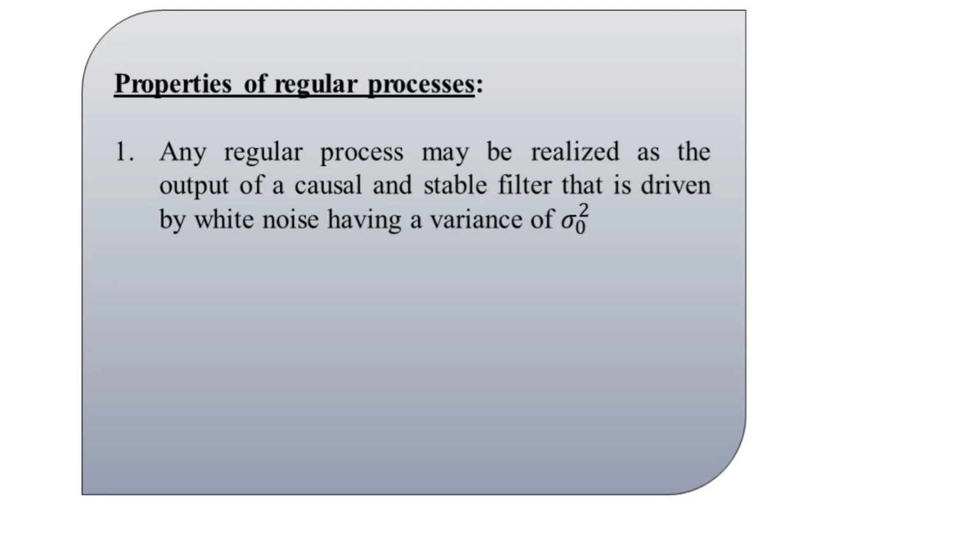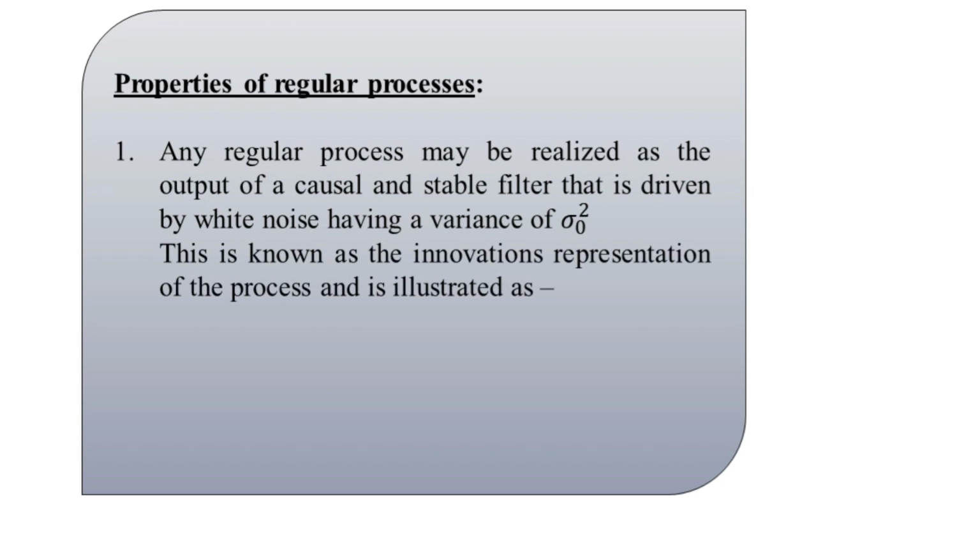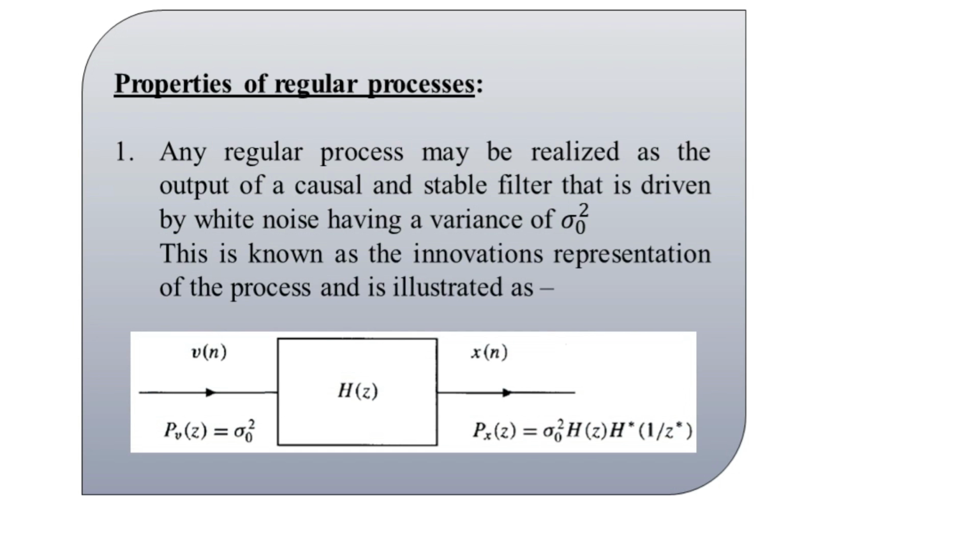The first property is that any regular process can be realized as the output of a causal and stable filter that is driven by white noise having a variance of sigma suffix 0 square. This is also called the innovations representation, and it can be illustrated in the following diagram. Here we have v of n feeding as input to the filter function H of z.